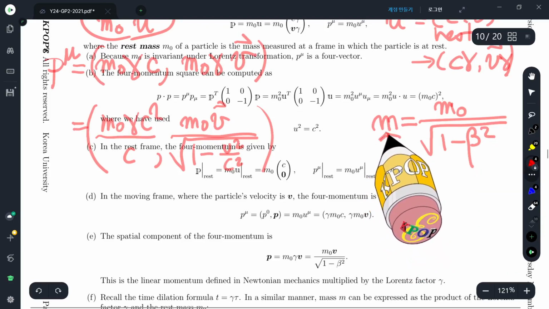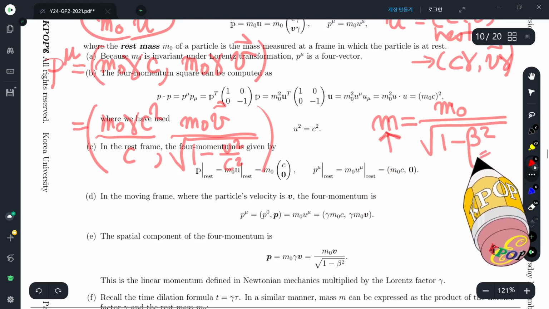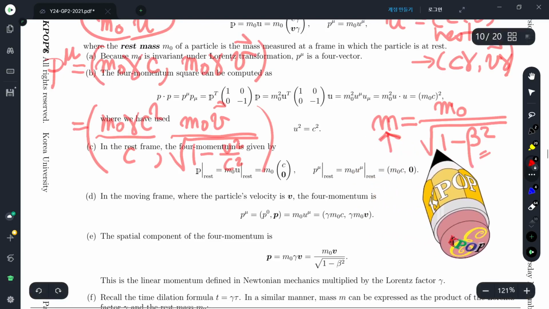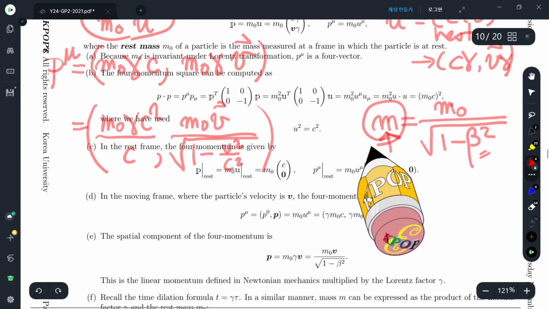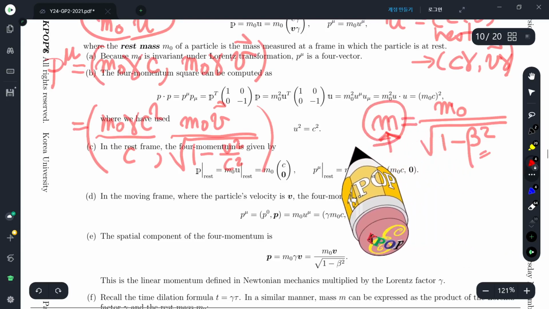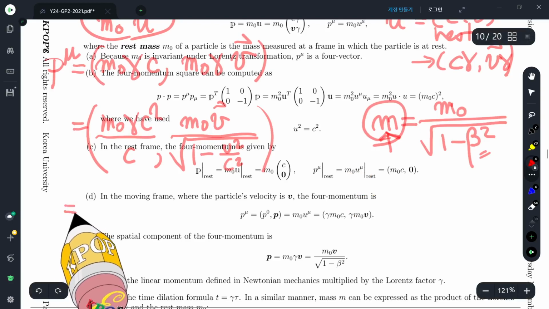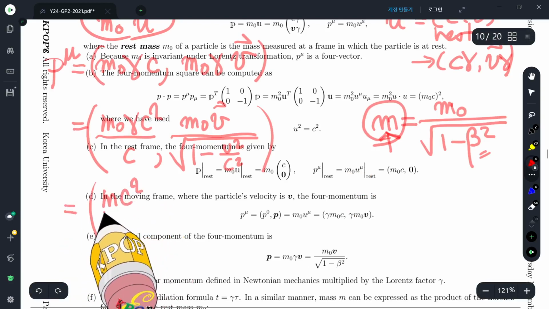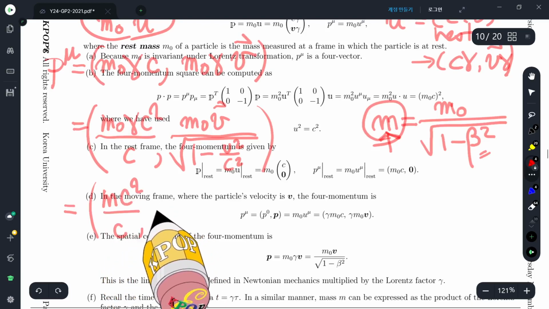It varies depending on the speed of an object. If I define the mass depending on the speed, then the four momentum can be written as mc squared over c and mv.